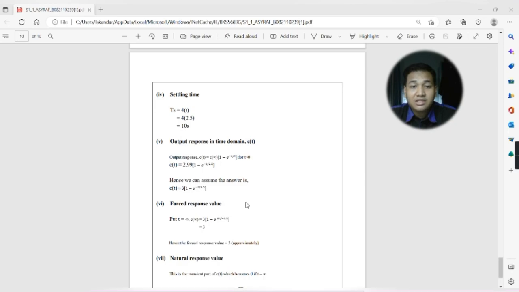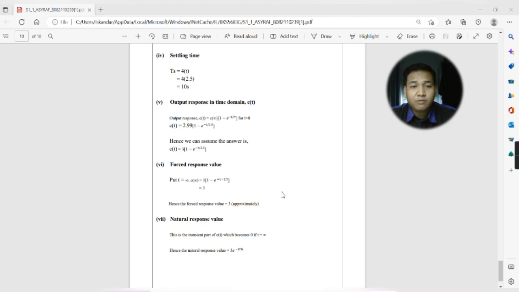Hence we can assume the answer is c(t) is approximately 3 in the bracket of 1 minus e to the power of negative t over 2.5. We just round off 2.999 to 3.